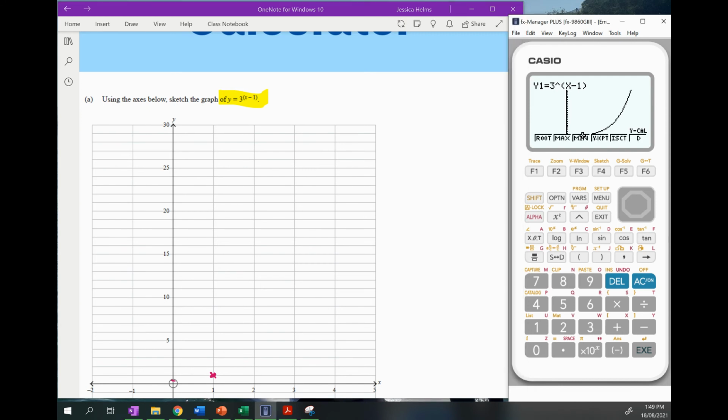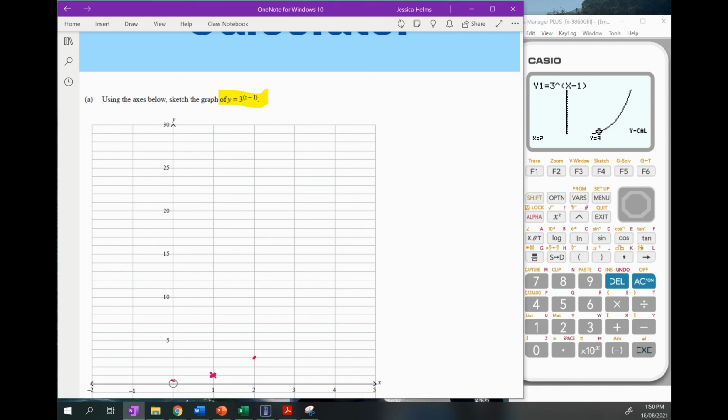Go Gsolve again, yCalc, x is equal to 2. Execute, y is equal to 3. That gives us that point there, y equals 3.